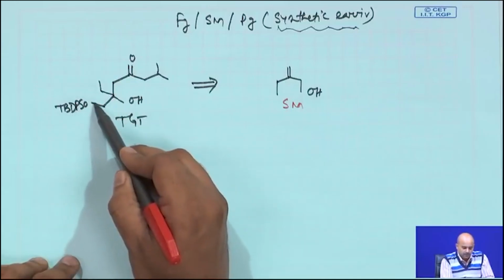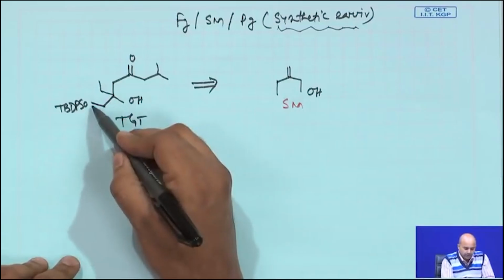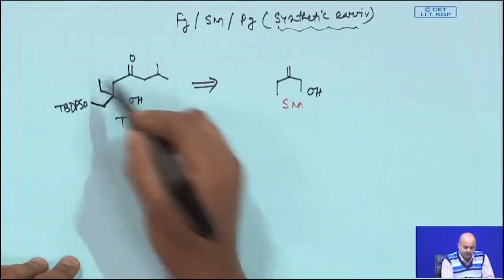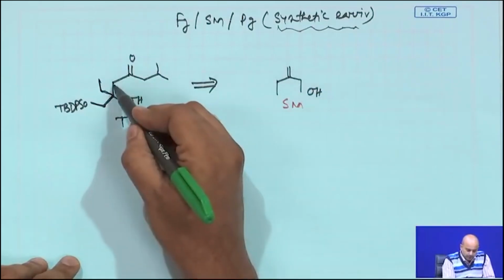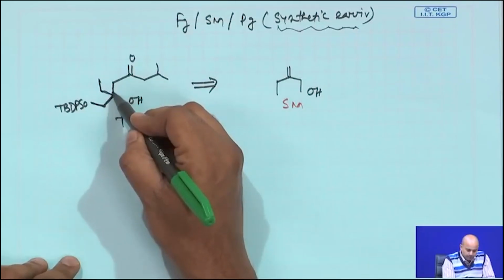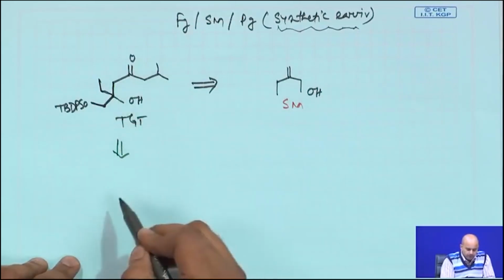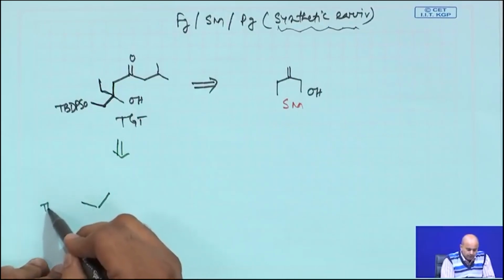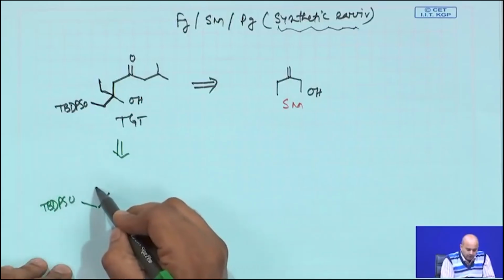So, this part is TBDPS, and then you have this ethyl group. This part is the ethyl, and this particular double bond might be this one where you do something else. Now we will cut the molecule retrosynthetically, and you see how to cut the molecule.